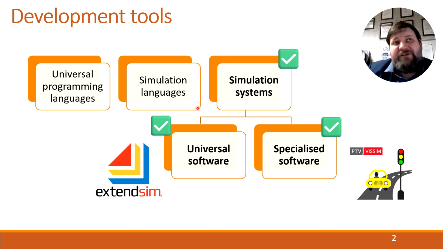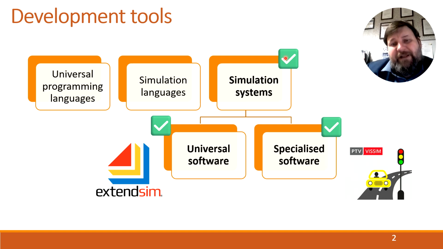But right now, considering the generative AI hype, it seems that simulation languages have one more opportunity to become popular, because it's quite clear that for large language models, so for generative AI tools, it is much easier to generate code, not graphical or visual objects. But it's like a current trend.